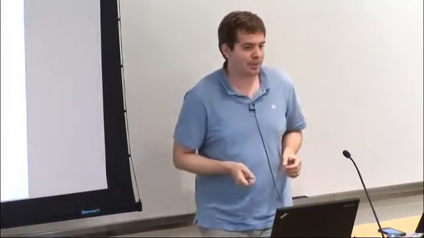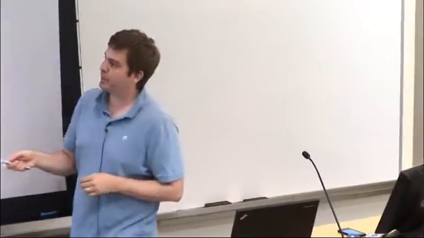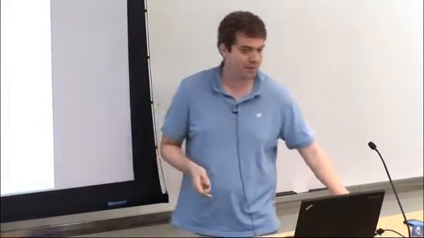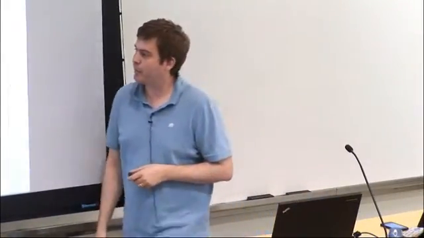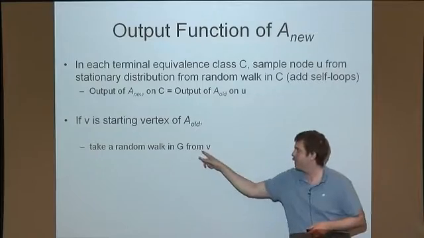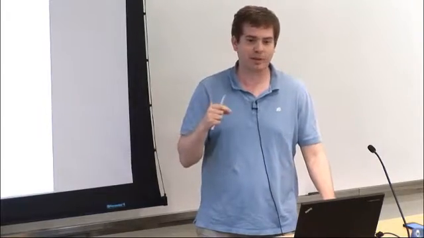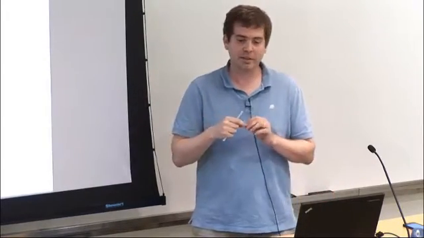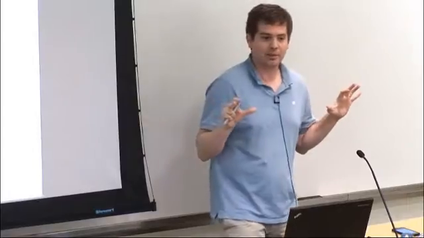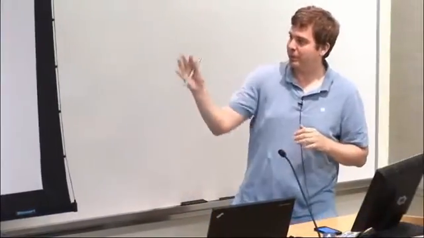We also need to choose a starting vertex of the new automaton. What we do is we take the starting vertex of the old automaton, and we take a random walk in the zero frequency graph until we get to a terminal equivalence class. Now you could get to multiple terminal equivalence classes from the starting vertex, because the starting vertex need not be in a terminal equivalence class itself. So there's some mixture, some distribution on these terminal equivalence classes.